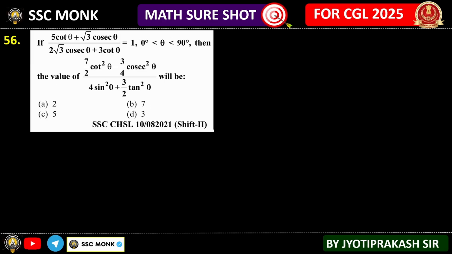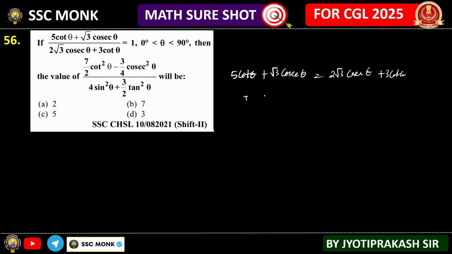Next, (5 cot theta plus root 3 cosec theta) divided by (2 root 3 cosec theta plus 3 cot theta) is equal to 1. Then find the value. I can simply write here 5 cot theta plus root 3 cosec theta is equal to 2 root 3 cosec theta plus 3 cot theta. Yes or no?